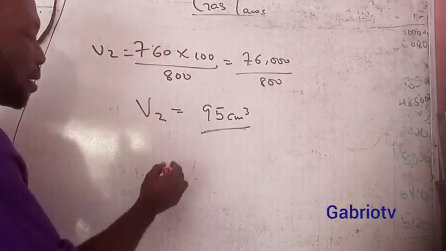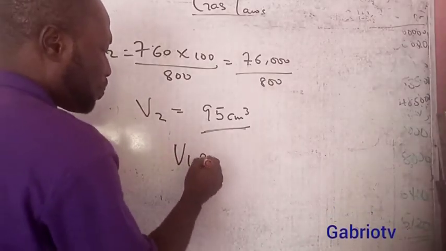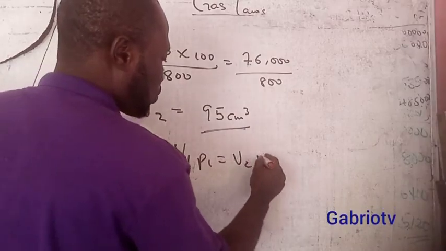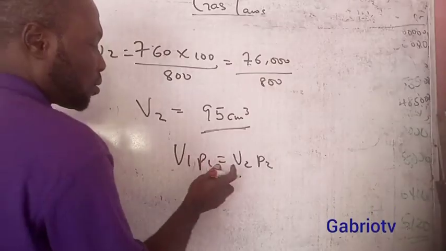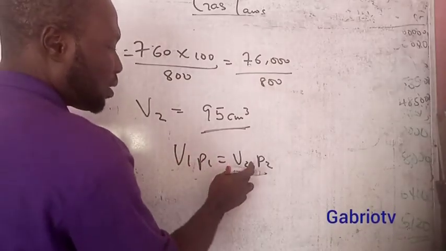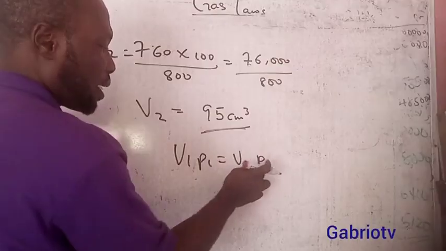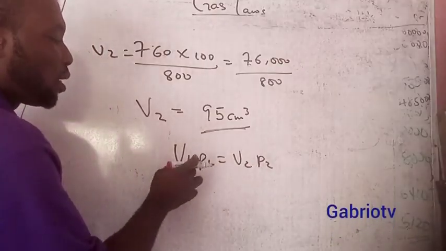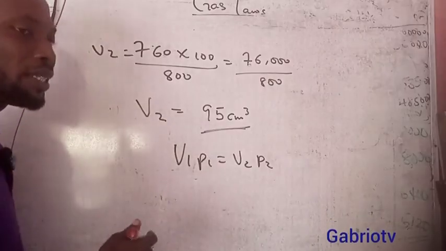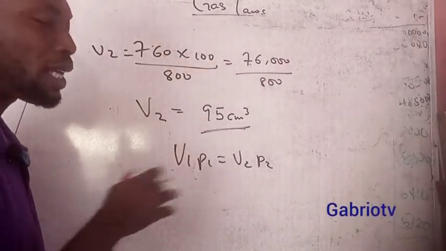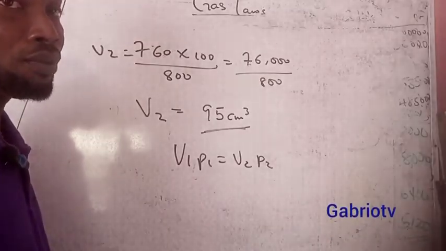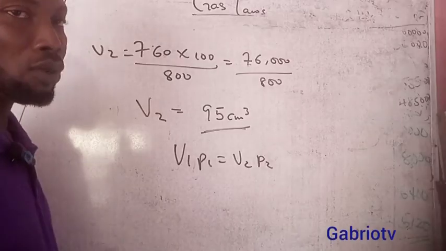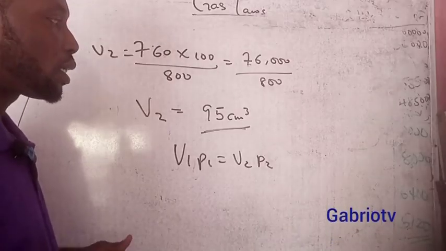So if we are talking about Boyle's law, we talk about P1, V1, and P2, V2. You are given some of these and you look for the one that is missing. So just find a way of looking at the parameters. In some questions you see at constant temperature, and in other questions you might not see it.